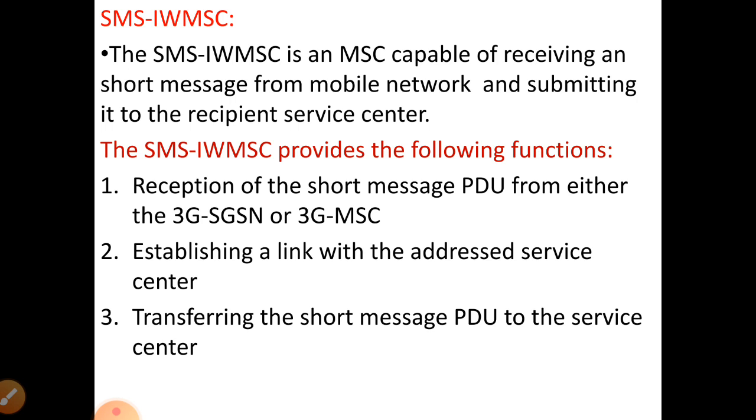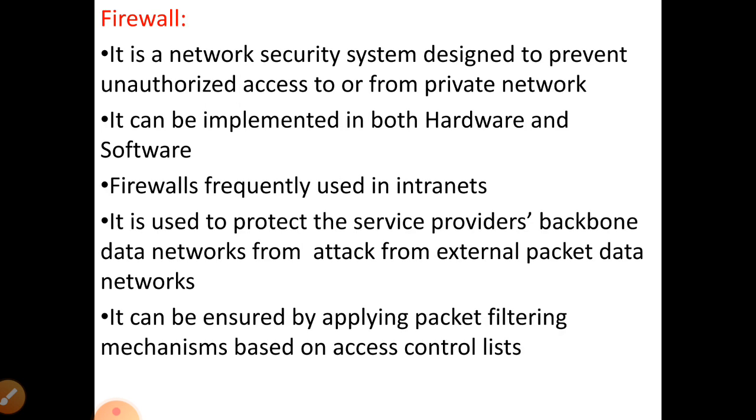The first function, they receive the short message PDU from the user equipment like 3G SGSN or 3G MSC. In the second, they establish the link to the service center address. Based upon the address of the service center, they transfer the short message PDU to the service center.